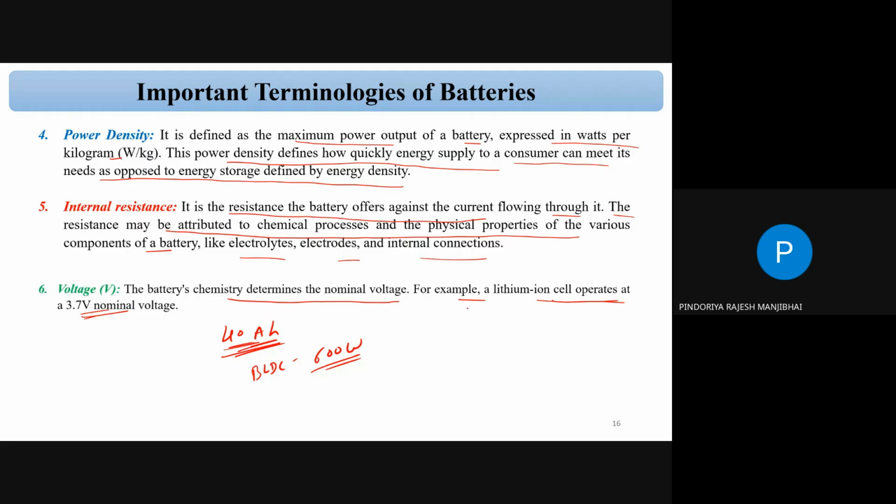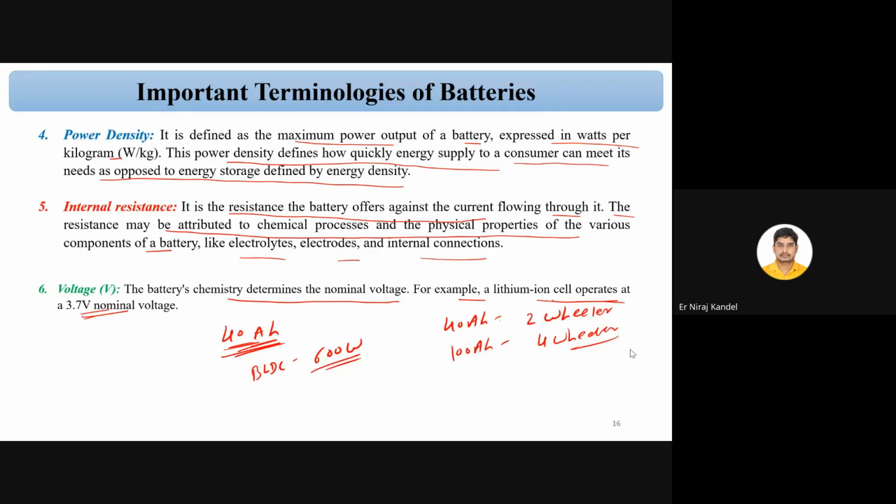Normally the two-wheeler uses a 40 ampere hour battery, and a four-wheeler vehicle normally uses 100 ampere hours. 40 ampere hour is normally used in the two-wheeler as well as the three-wheeler, e-rickshaw and the bike.